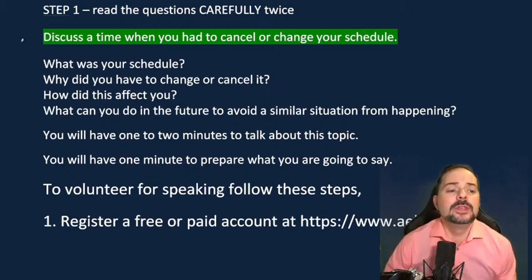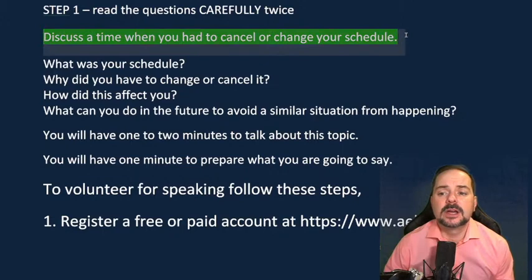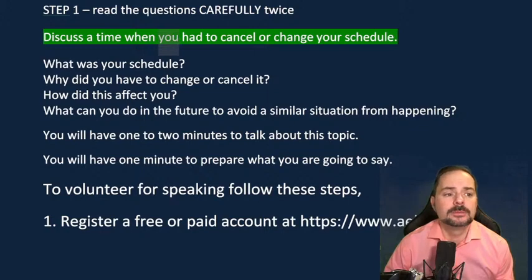So even though the examiner has read this, you read it again and again. So discuss a time when you, not somebody else, had to cancel or change. So it can be 2 options here, cancel or change, your schedule, okay? So discuss a time when you had to.